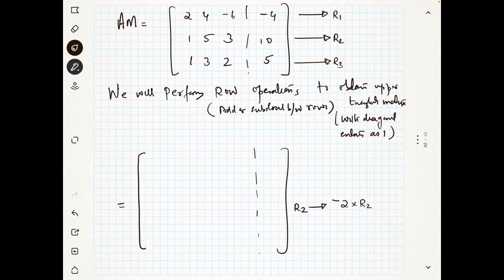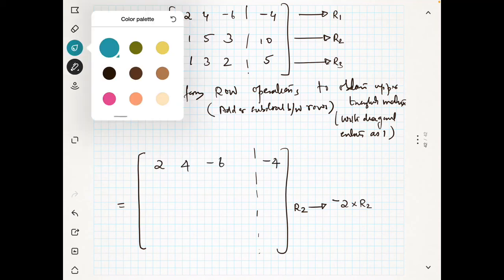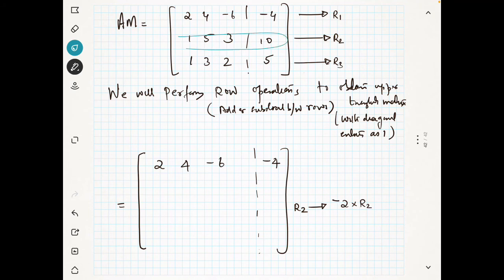I am not going to change anything in row 1, so it is 2, 4, minus 6 and minus 4. For row 2, I multiply by minus 2, so I get minus 2, minus 10, minus 6, and minus 20.